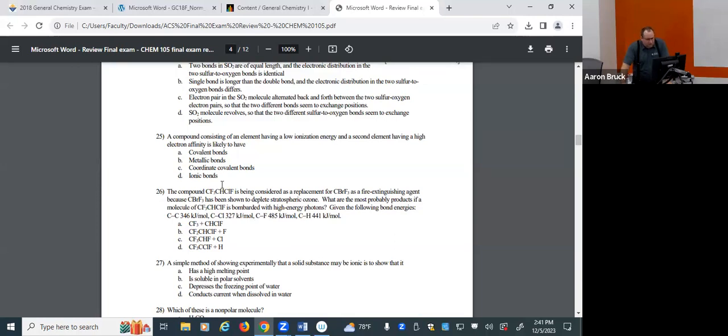And the question is based on these bond energies. So a carbon to carbon single bond is 346, a carbon to chlorine single bond is 327, a carbon to fluorine single bond is 485, carbon to hydrogen bond is 441.